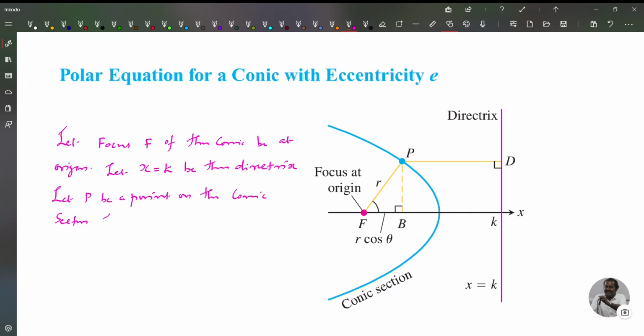Let r, theta be the polar coordinates of P. So this angle is theta and this vector is the radius vector r. The distance from the origin to the point P is r.